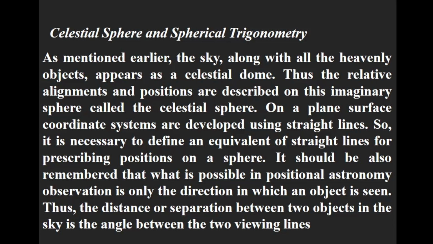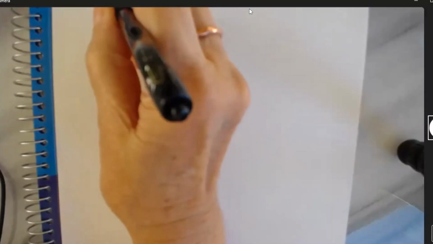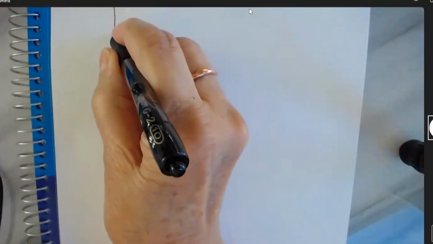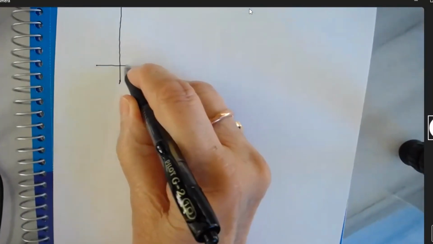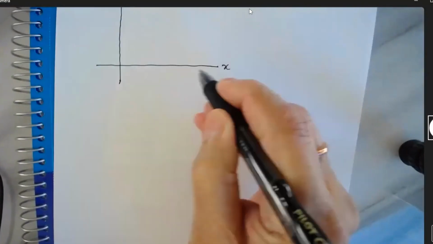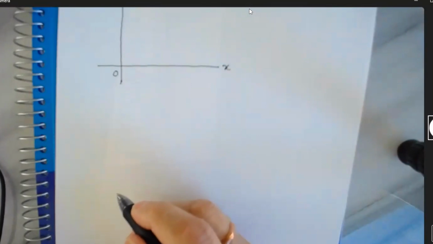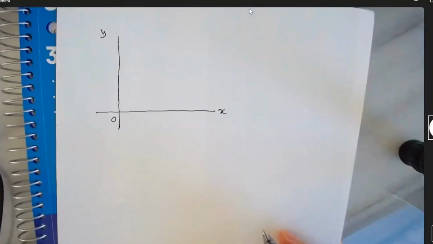On a plane surface, the coordinate systems are developed using straight lines. For example, in a plane, the standard practice is to use two straight lines. This is the x-axis, this is the y-axis, this is the origin. How do we fix the position of a particular point?